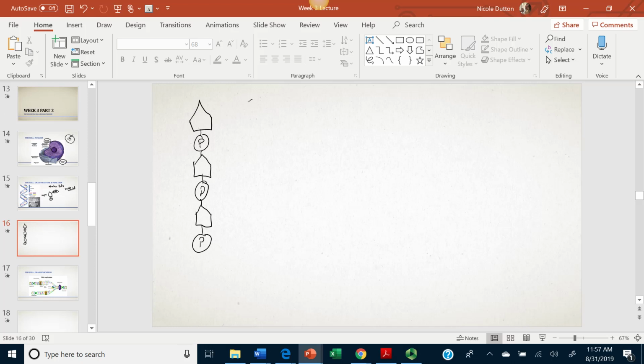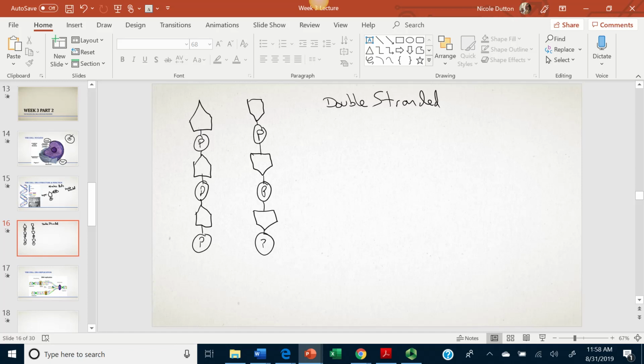But we have two strands to our DNA. And we have bases that line up in the middle, and they're going to bond together.